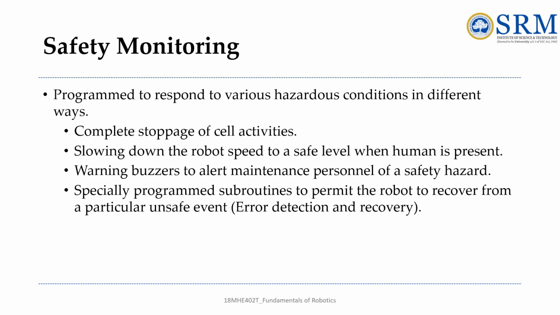The purpose of the safety monitoring system is to detect the hazard and to take the most appropriate action to remove or reduce it. This may involve stopping the operation and alerting maintenance personnel to the condition, or it may involve a more complex set of actions to eliminate the safety problem.